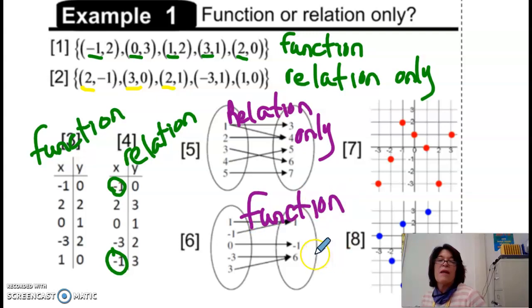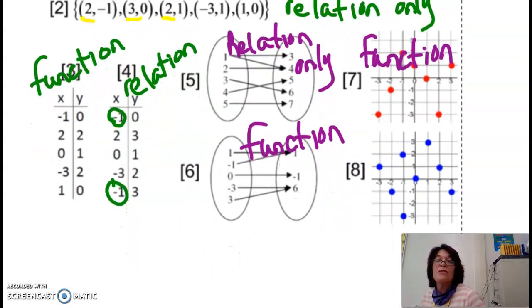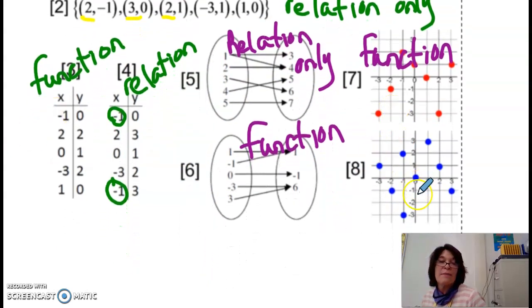When I have it as a graph, I'm looking for two dots that are on top of each other because that would indicate that they have the same x coordinate. And no, this one looks good. Something called the vertical line test. If I drop a vertical line and hit something twice, then I know that x coordinate is being used for two different y's.